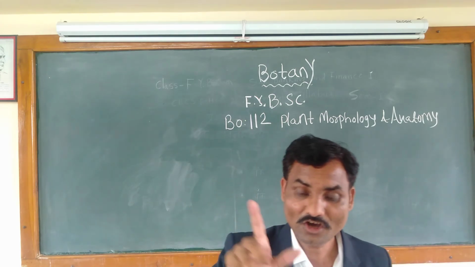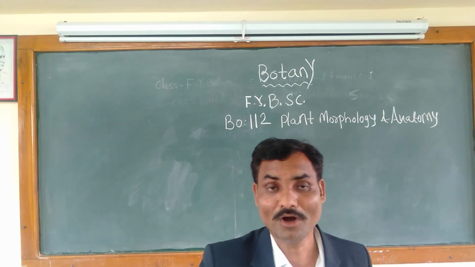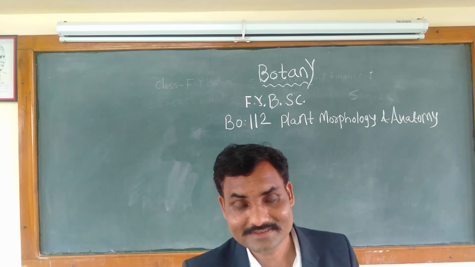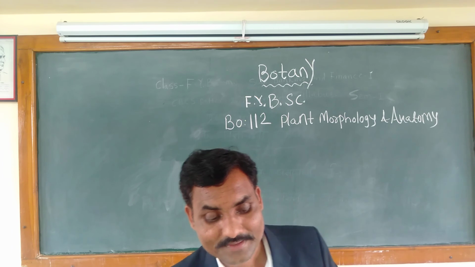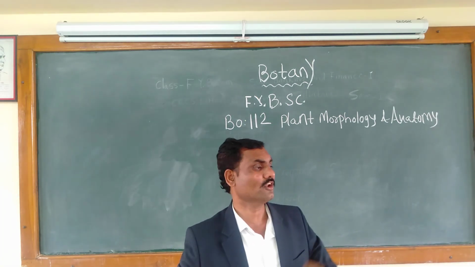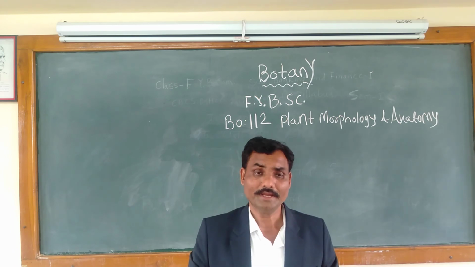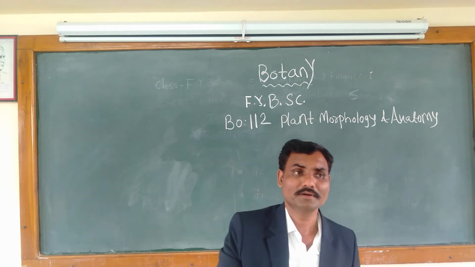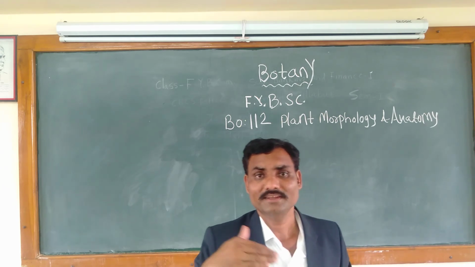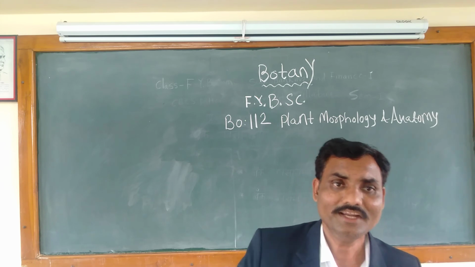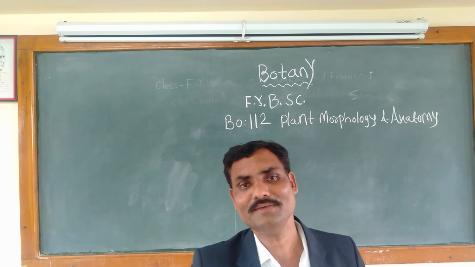For dicotyledon, we are going to learn about the stem, leaves and root of sunflower. Then internal structure of dicotyledon and monocotyledon stem. Internal structure of dicotyledon and monocotyledon leaf, means the structure of dicot and monocot in relation to root, stem and leaf.